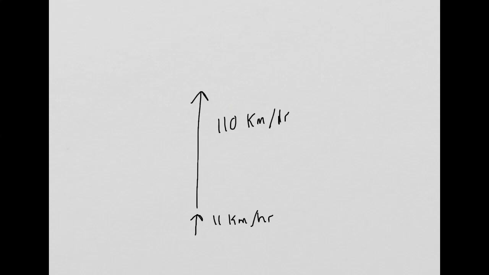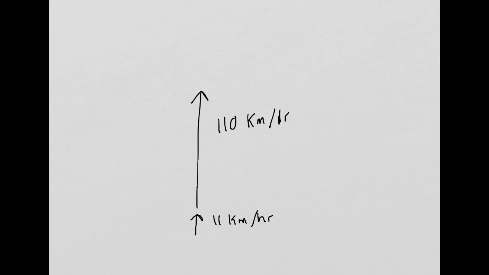Alright, let's say I have an airplane traveling north at 110 kilometers per hour, and then I also have a tailwind, which is, let's say that's 11 kilometers per hour, also in the north direction.